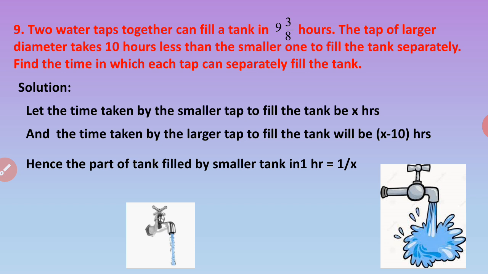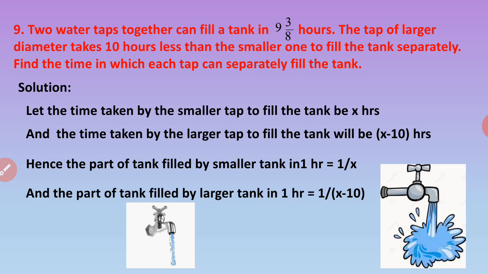If I'm using the smaller tap and it is taking 4 hours to fill the entire tank, so in 1 hour, only 1/4 of the tank will be filled, isn't it? The same way, here, because it is taking x hours, in 1 hour the tank will be filled to 1 upon xth part.